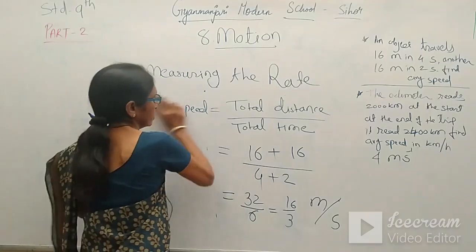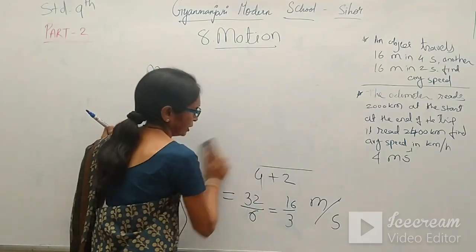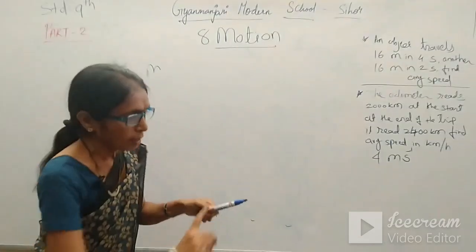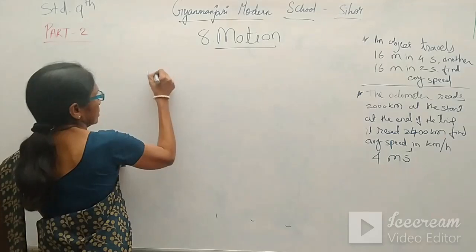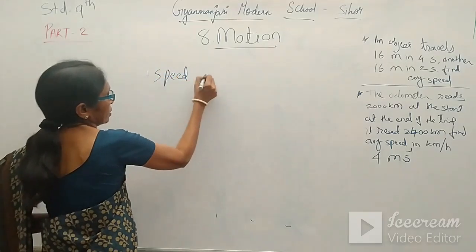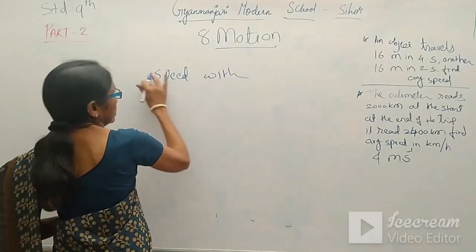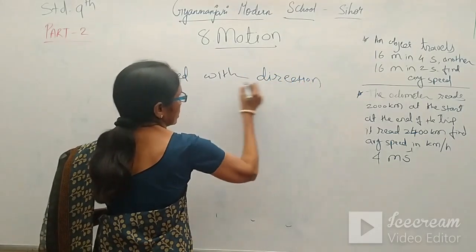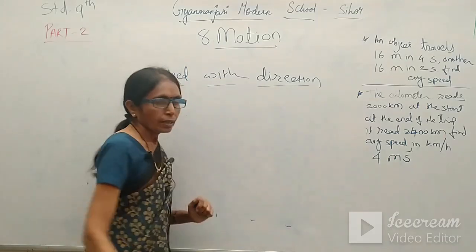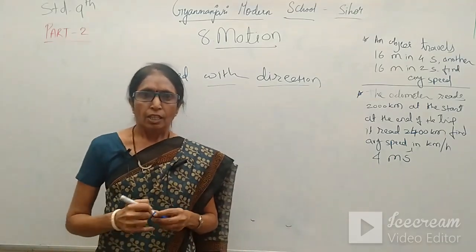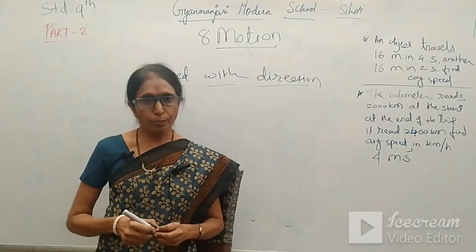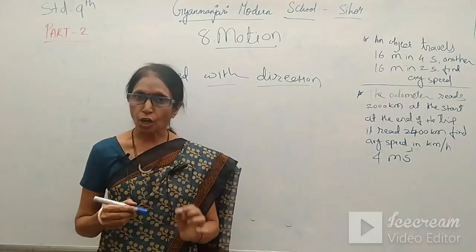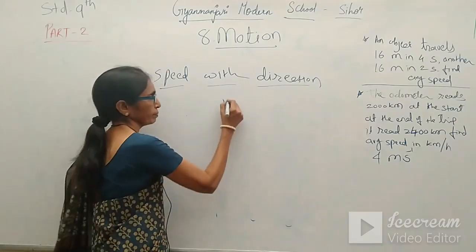Now our next point, speed with direction. If we consider the speed of any object with some direction, then this is called velocity.